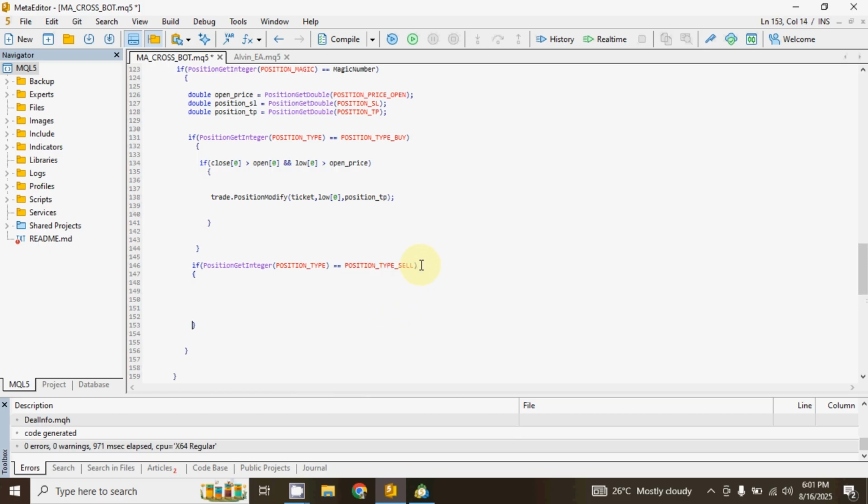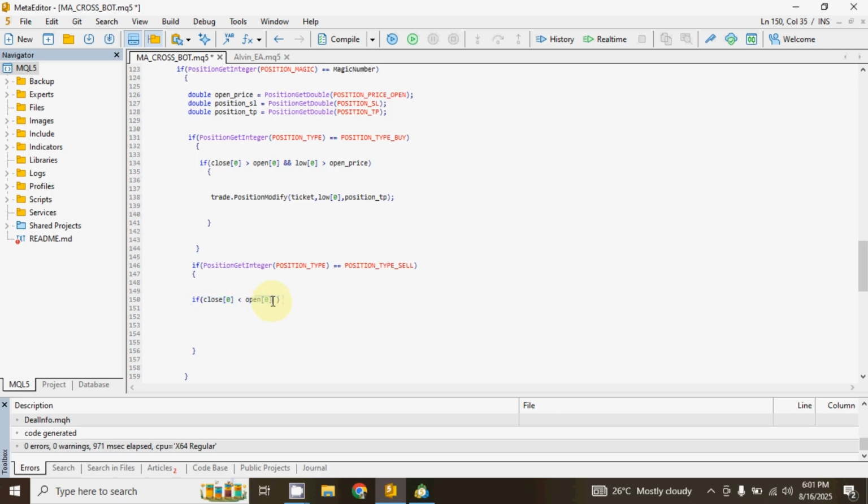The next thing, the bot should check if the current bar is a bearish candle, right? So I'm going to say if the close price of the last bar is less than the open of the last bar, this has established that this is a bearish bar, right?